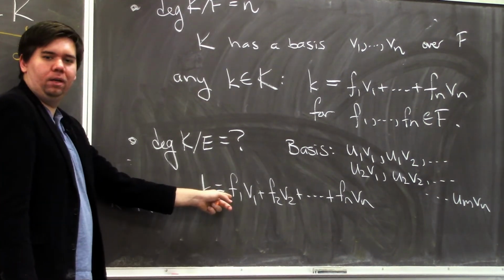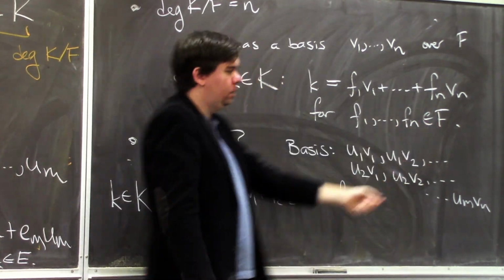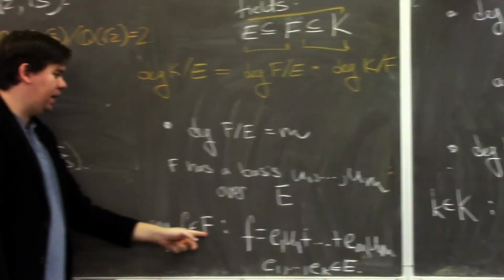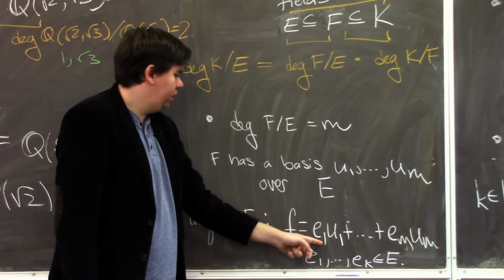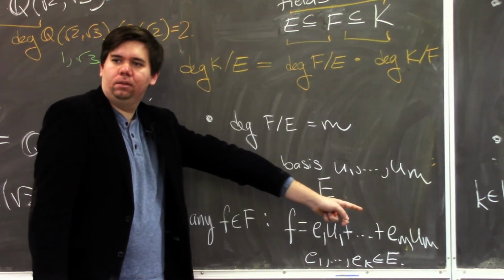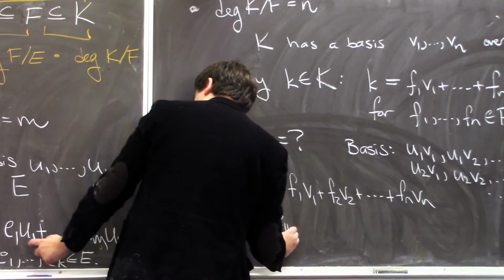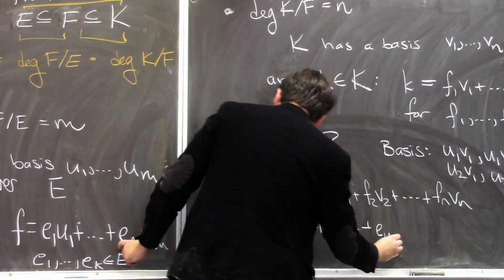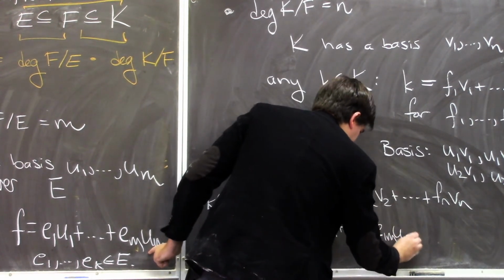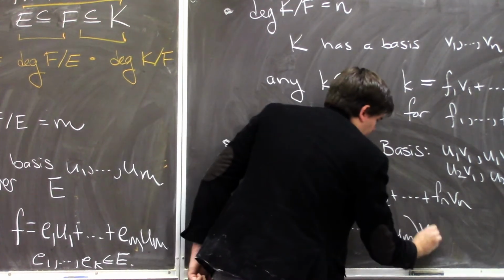But my F's here are elements of big F. And I know that elements of big F can be written as a linear combination of these u1 through um's. So I can write big F1 as some linear combination, I'll call it E11 u1 through E1m um. So I can write my F1 this way, and it's still times V1.